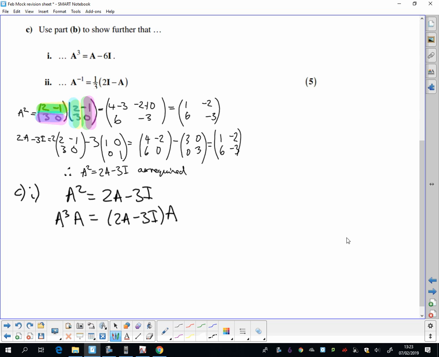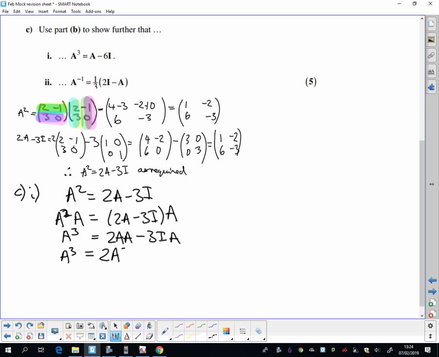If I do A squared times A, it's come after the A squared, so that's come after the matrices on the other side as well. So A squared times A is going to be A cubed. On this side, with matrix multiplication, we can multiply it into the brackets as long as it's at the end of the brackets.